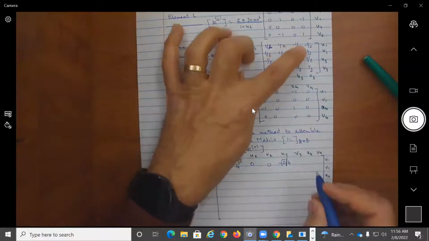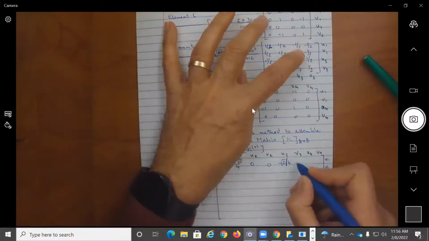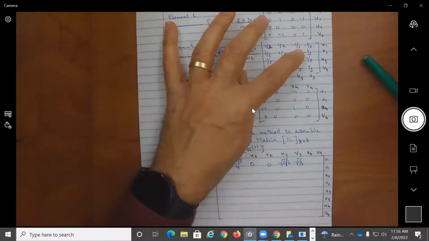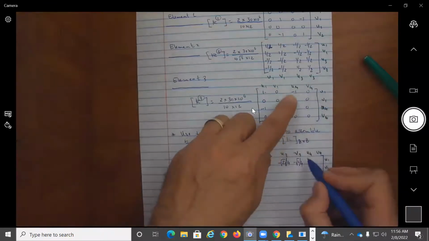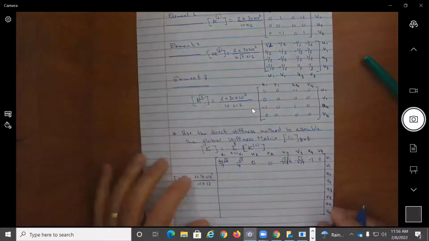And then I have U1, V3, which is also minus the square root of 2 divided by 4. And then for U1, U4, I have a minus 1, and U1, V4, I have a 0.